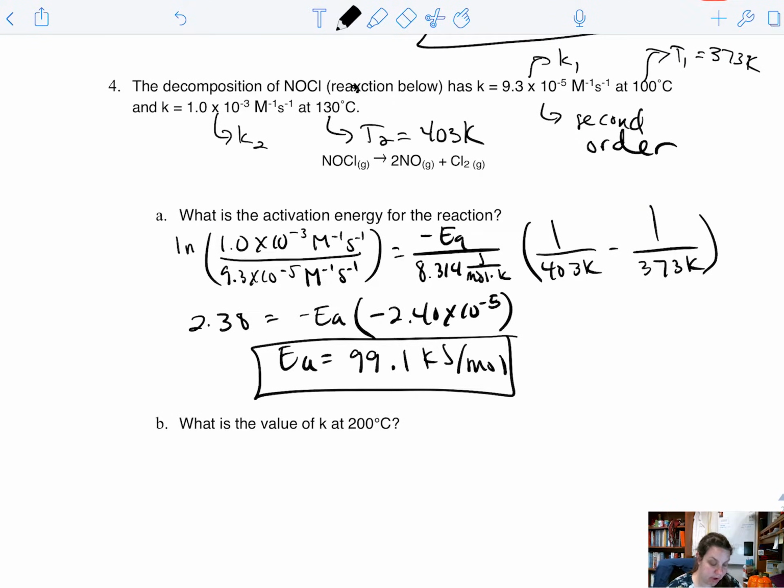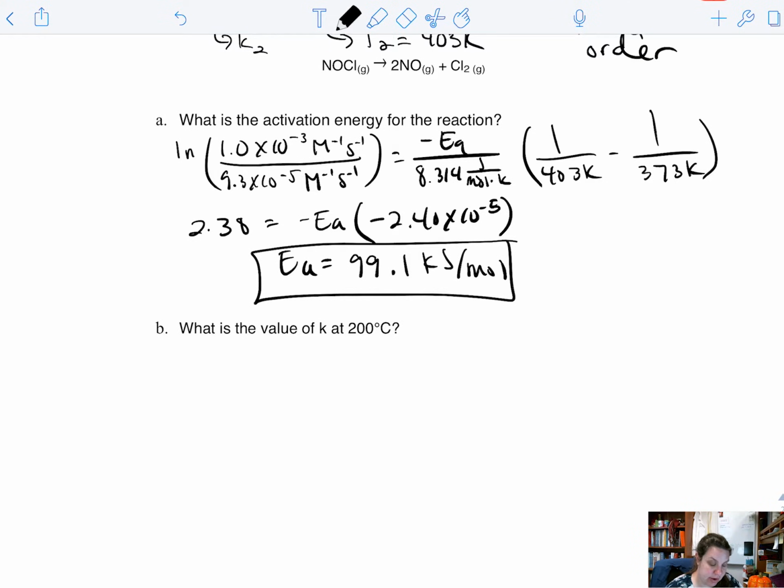I now want to know what the value of K is at 200 degrees Celsius. So now that I have my EA, I could use either activation energy with their temperature and then put it in there to solve for K at 200 degrees Celsius, which is a temperature of 473 Kelvin. So we're going to solve for K2.